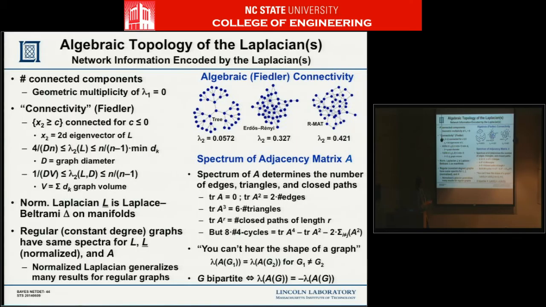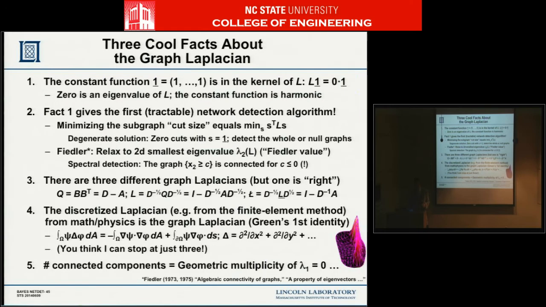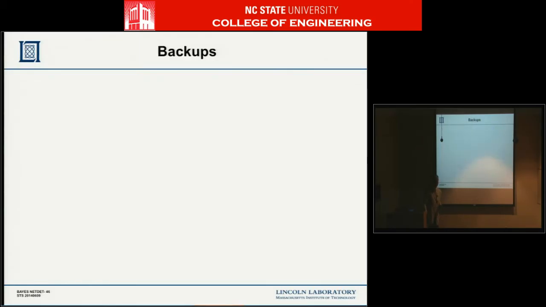That's a nice thing to have. And you can see that here: Fiedler values are relatively small for tree-like or very highly disconnected graphs compared with more connected graphs, Erdős-Rényi or RMAT. And I'll leave it at that and take questions.